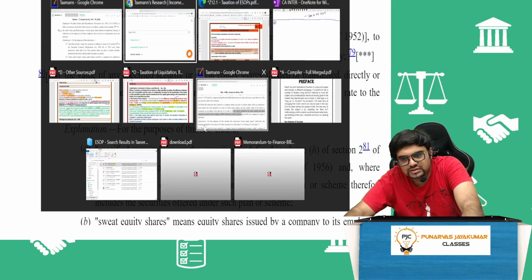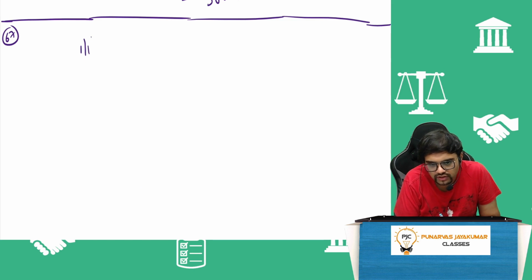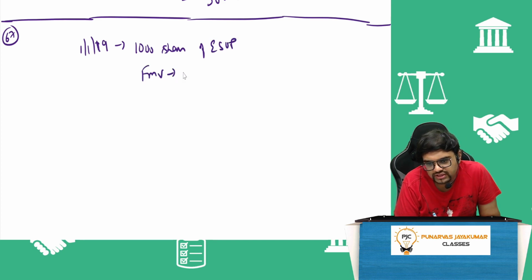So guys, what is this? Generally, let us say on 1/1/19, you are employed in the company, I work for a couple of years, let's say. So I will offer you 1,000 shares of ESOP. The fair market value of those shares is, let's say, 1,100 rupees.